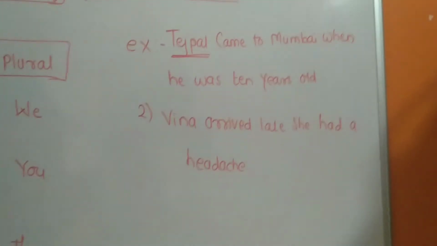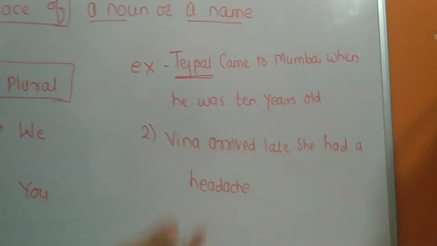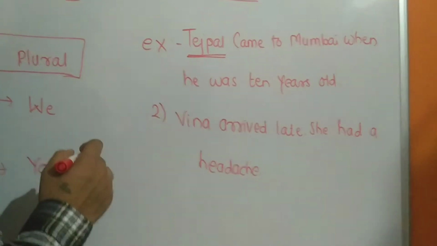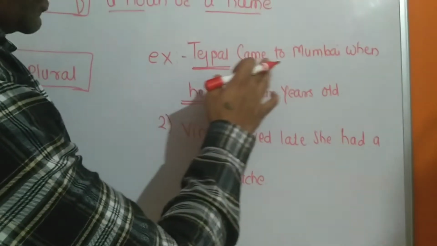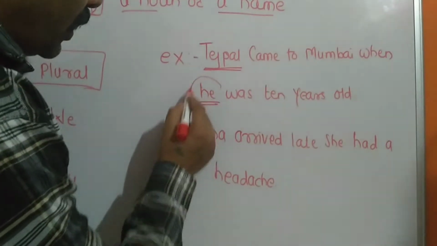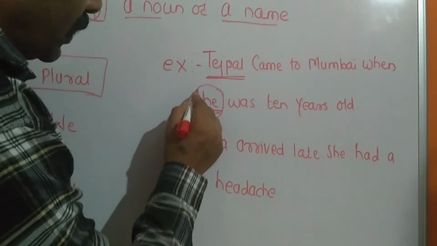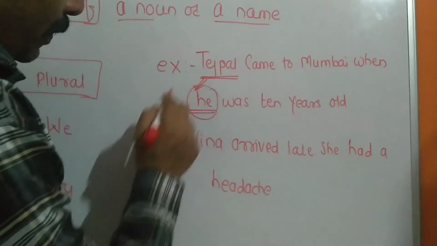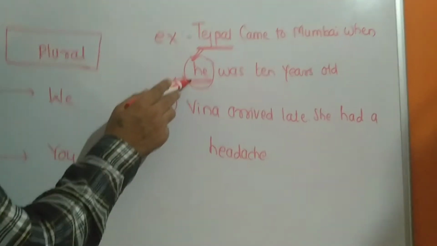So in this definition we can use a pronoun instead of or in place of a noun. It's called a pronoun. Tejpal came to Mumbai when he was 10 years old. He is used for Tejpal. So here he is a pronoun.